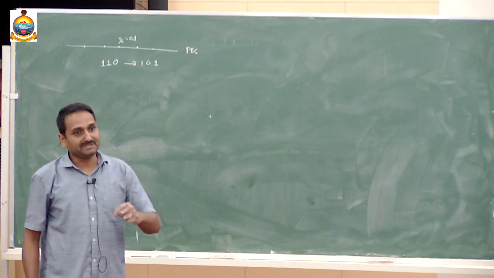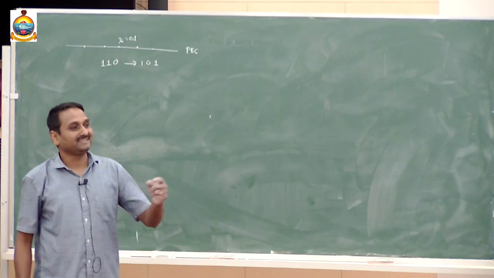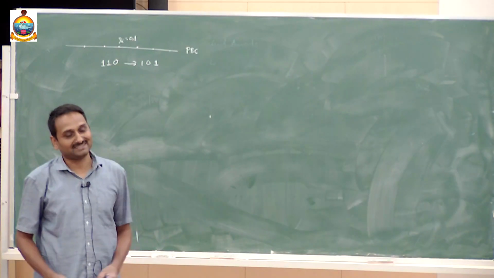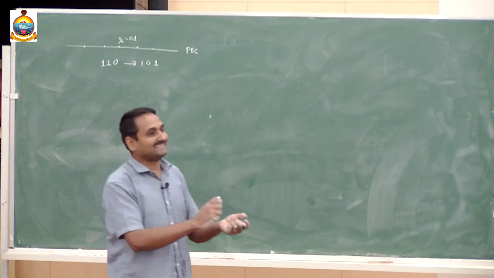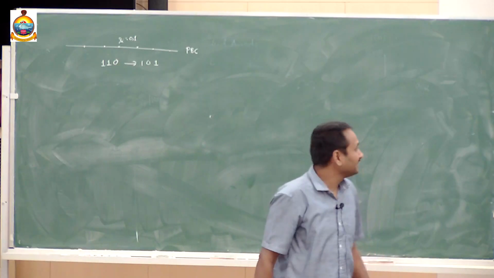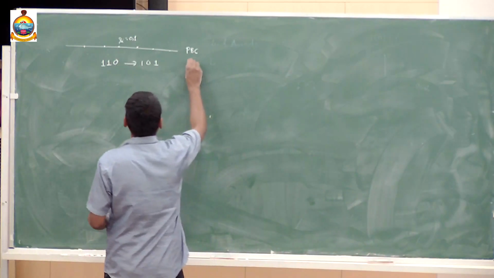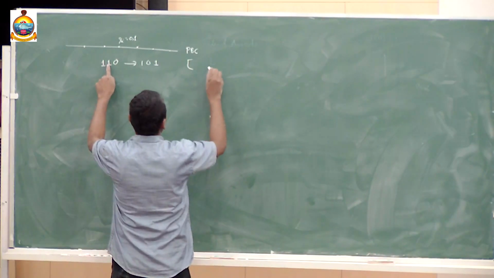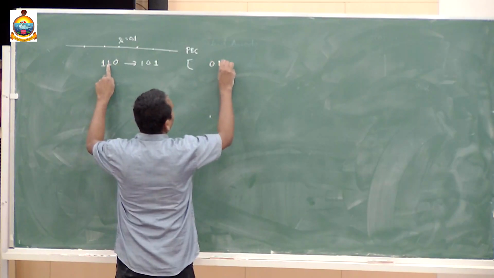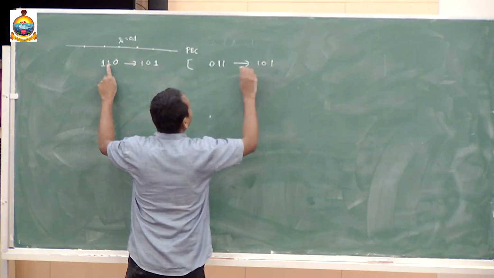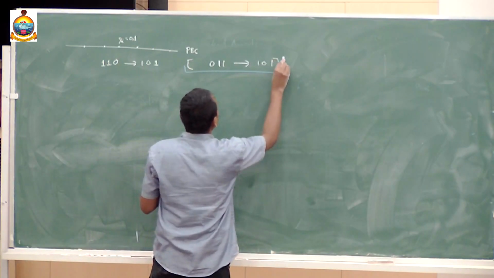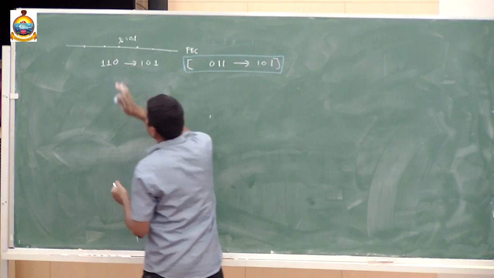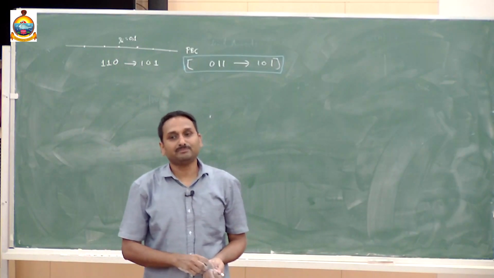So a particle moves if and only if it is assisted by another particle from the left. You can also add 0,1,1 going to 1,0,1, but for simplicity I'm not using this dynamics. Only this one. So what will happen to this system?